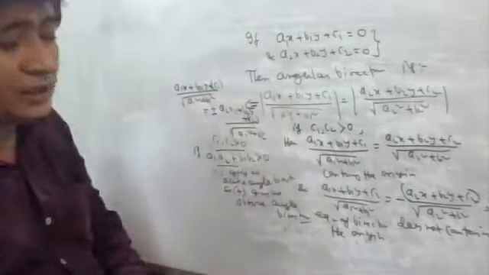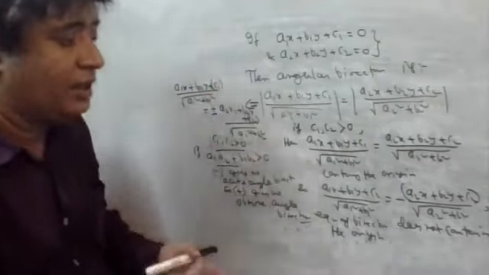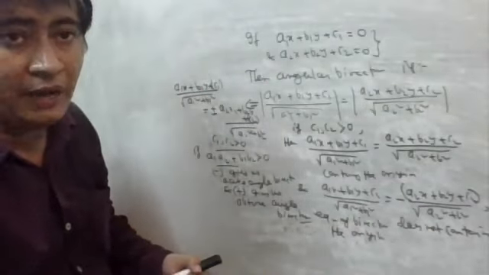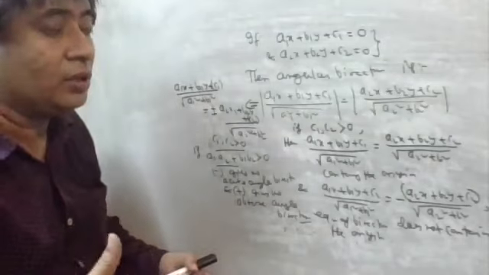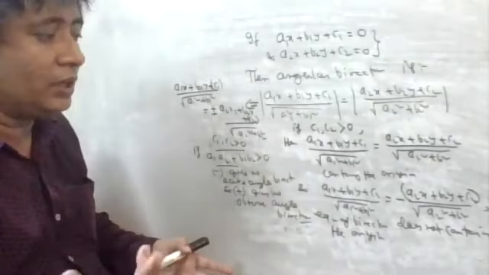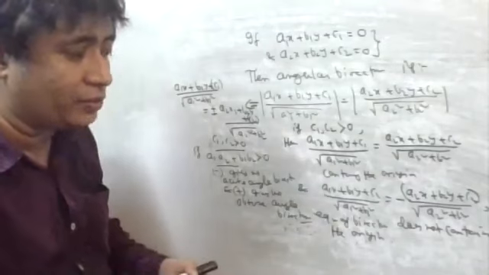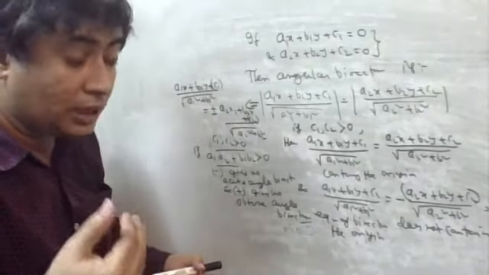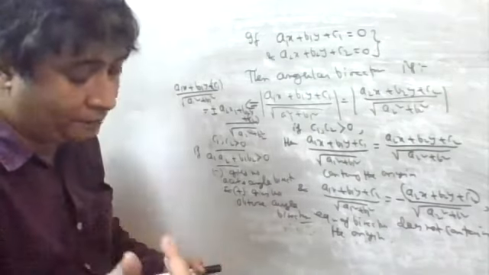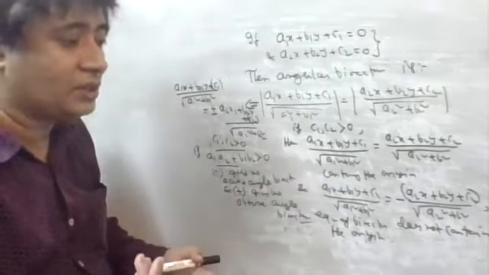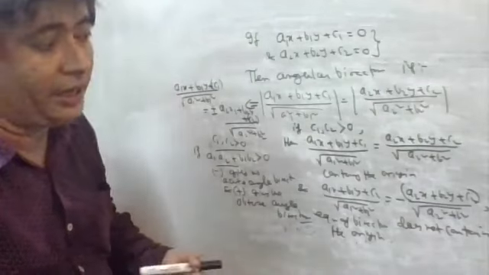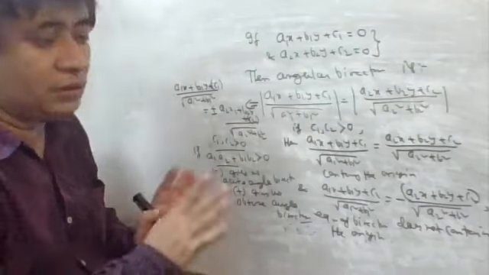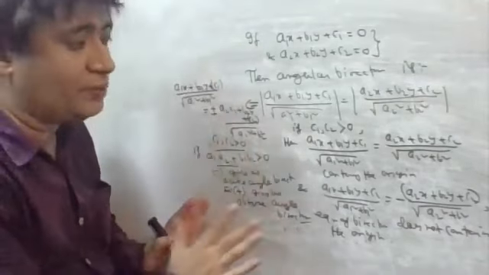So these are some of the most conceptual parts in straight line. So you go through them fast. In the next video I will try to give some more conceptual parts in straight line, and that will help you in solving IIT JEE problems in a short span. So in this video I have taught this conceptual part.